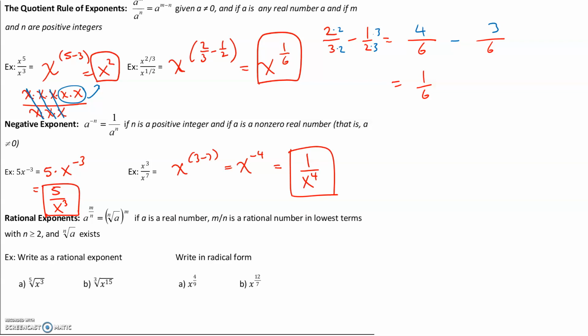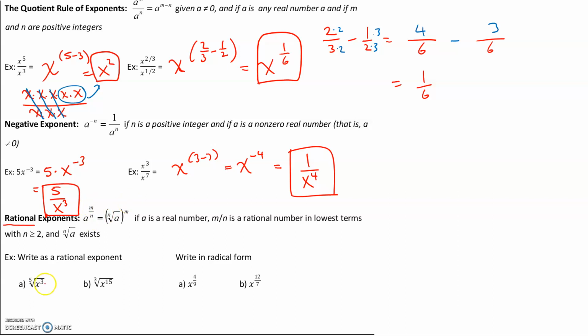Next, we have rational exponents. The word rational refers to a fraction, so rational exponents are when your exponent is a fraction. Let's say we have a to the m over n. The denominator n becomes the root, and the numerator m becomes the exponent.